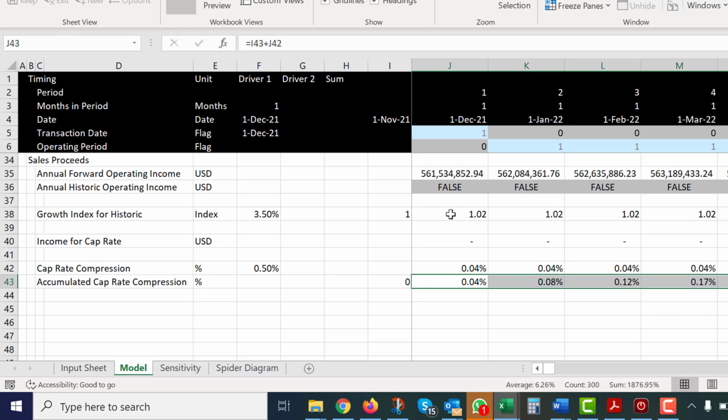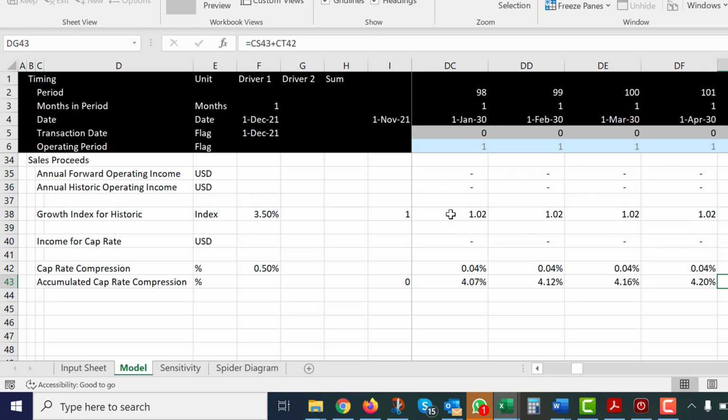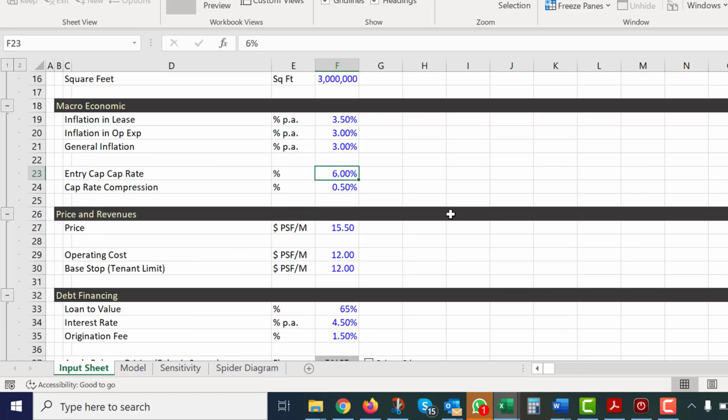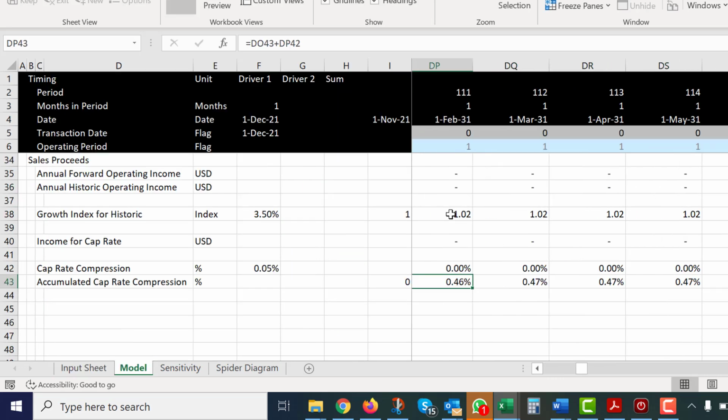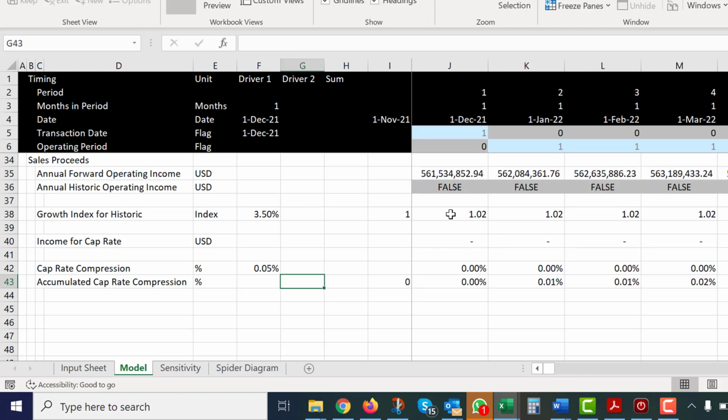And then we'll eventually, this is so ridiculous, I'm going to put 0.05%. So maybe we get a little bit of compression, and then let's put our cap rate.